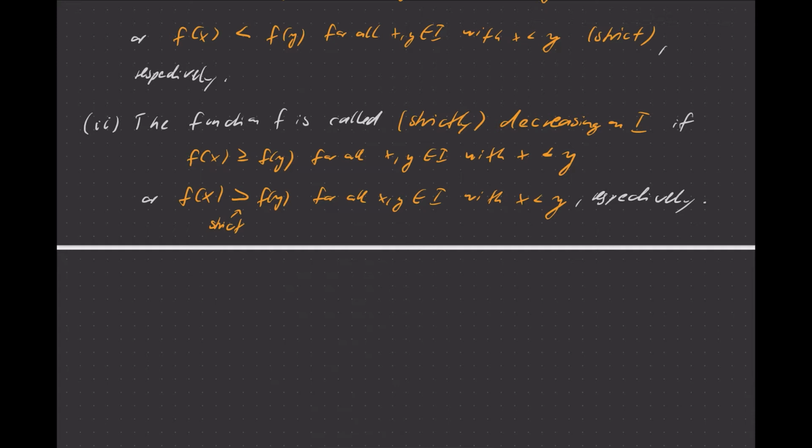And finally, part 3 of this definition, a function is called monotone or strictly monotone if it is either decreasing or increasing. And for strictly monotone, of course, we require strictly increasing or strictly decreasing.